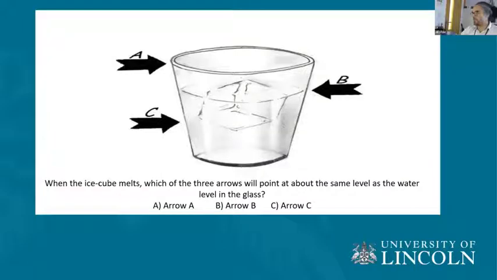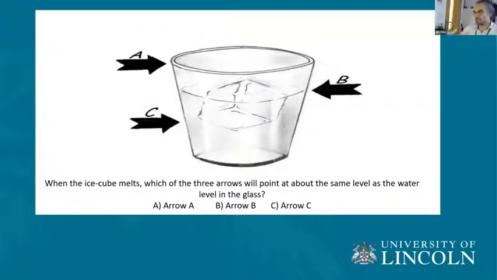But just in a nutshell, a floating object, the ice cube in this case, displaces an amount of water equal to its own mass. Since by turning from solid to liquid the mass of water does not change, it will keep displacing the same amount of water.